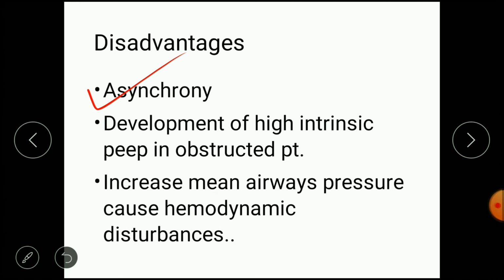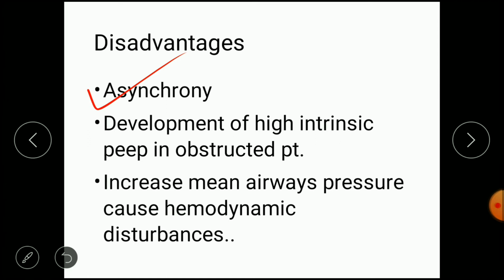Due to the continuous preset tidal volume provided to the patient, sometimes it is obstructive for the patient. So high intrinsic PEEP develops, that means positive end-expiratory pressure is generated in the patient, and in obstructed patients generally it is shown.